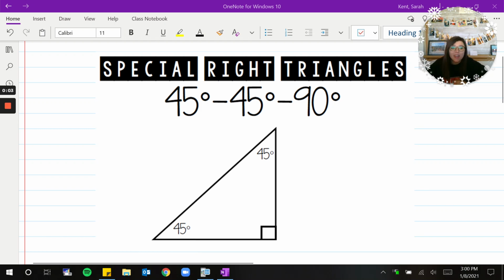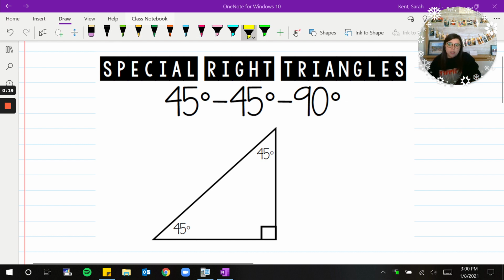All right, today we are looking at something called special right triangles. So we're still looking at how to find the side length of a triangle, but these triangles have specific angle measures. Today we are just looking at a 45, 45, 90 triangle.